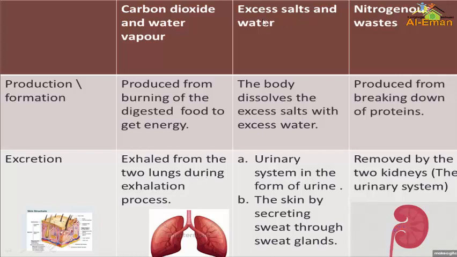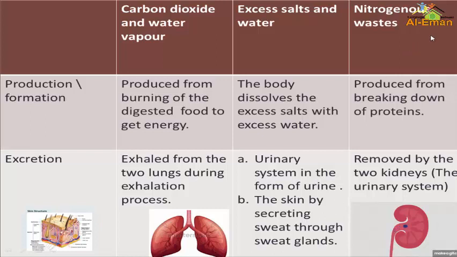Okay? The excess salt and excess water are formed by the body when the body dissolves the excess salt with excess water. How could we get rid of them? By two ways: the urinary system in the form of urine, or the skin by secreting sweat through sweat glands.